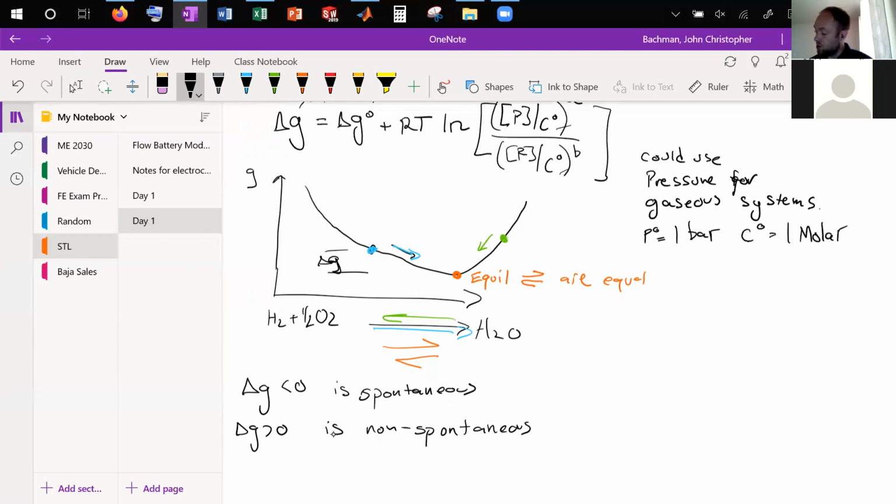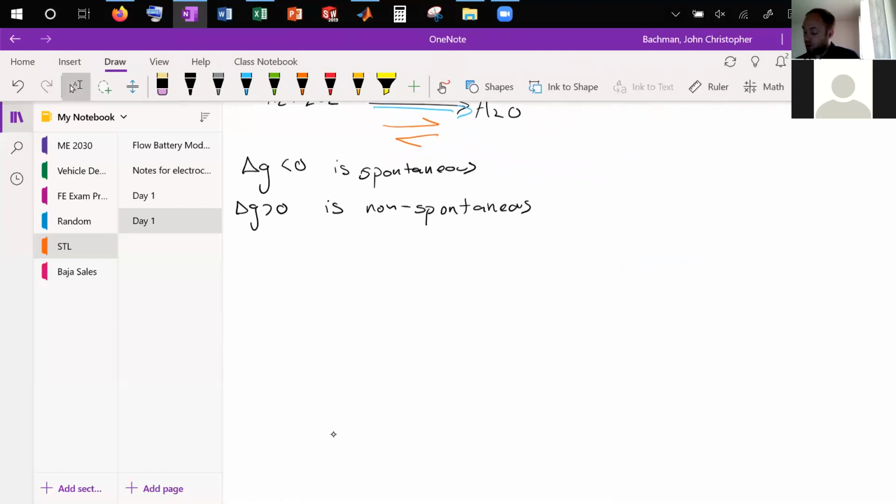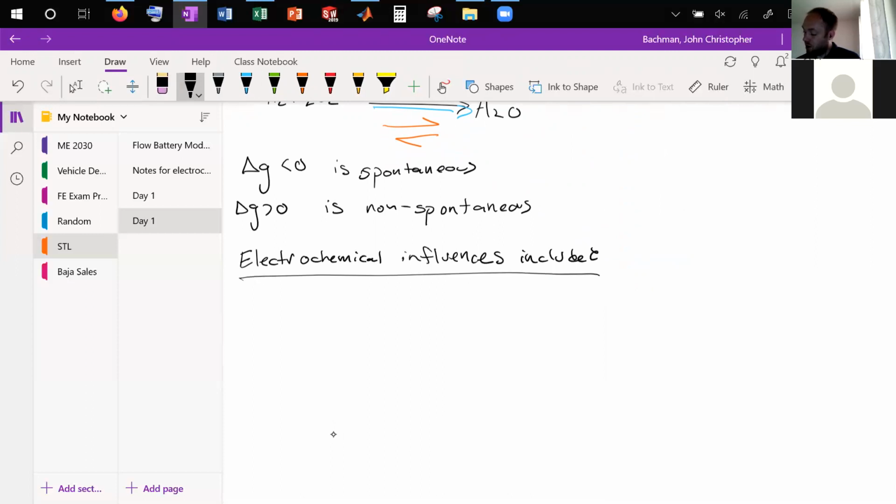So we're still getting up to this question about the voltage in these systems. And this is just a chemical viewpoint. So if we want to include the electrochemical aspects, electrochemical, what we're going to do is define the electrochemical Gibbs free energy.